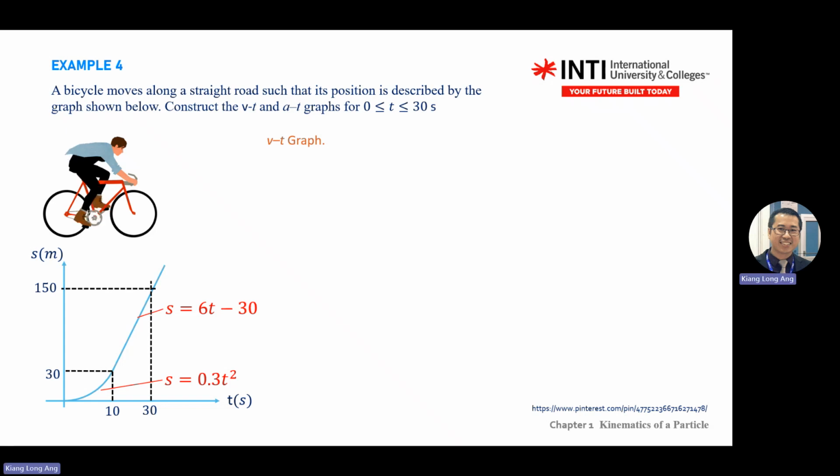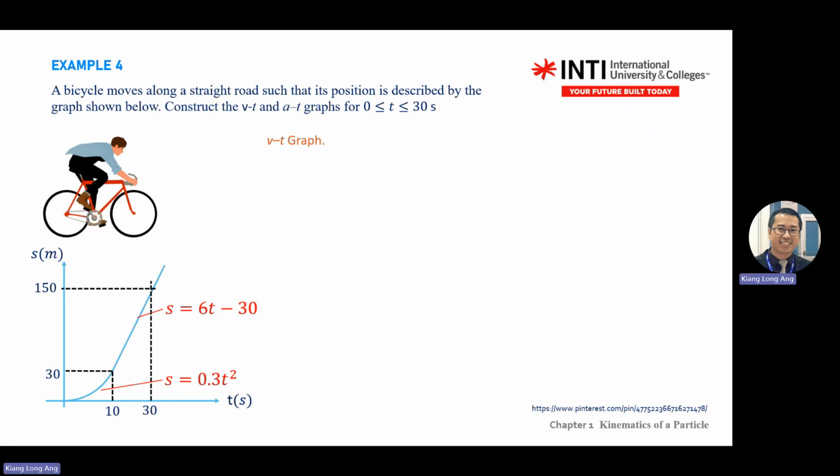So how do you move from s-t to v-t? Do you do integration or differentiation? Differentiation. So recall the definition. Now you have s-t and you want to do v-t. Write something in your answer: v definition is ds dt.